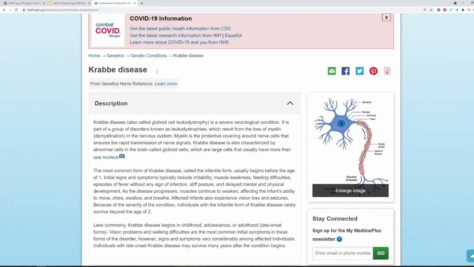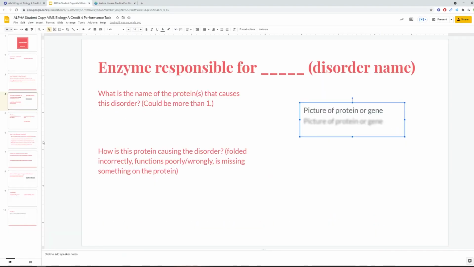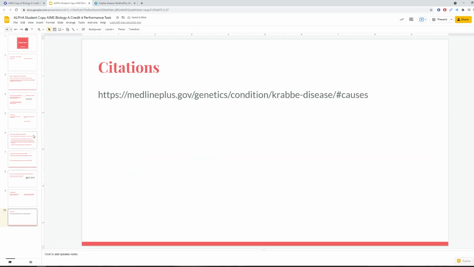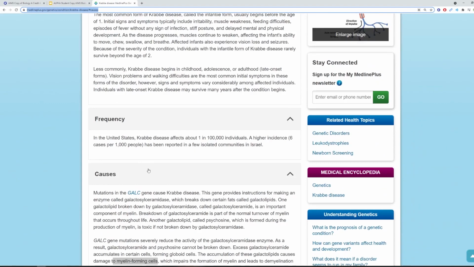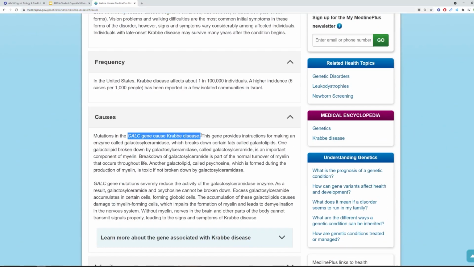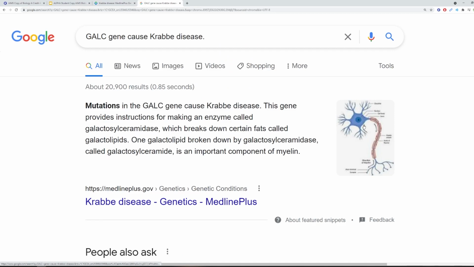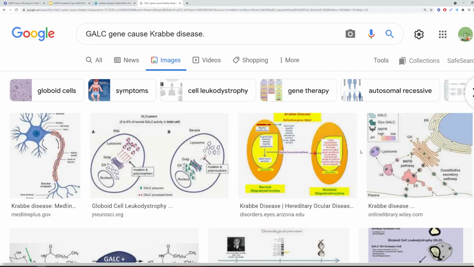First and foremost, before we leave this website, let's make sure we cite it, because we are going to need a citation page as well. And if we want to find a picture of that enzyme, we're just going to research it. Most of the time, this is probably going to be computer generated looking things, and that's okay.